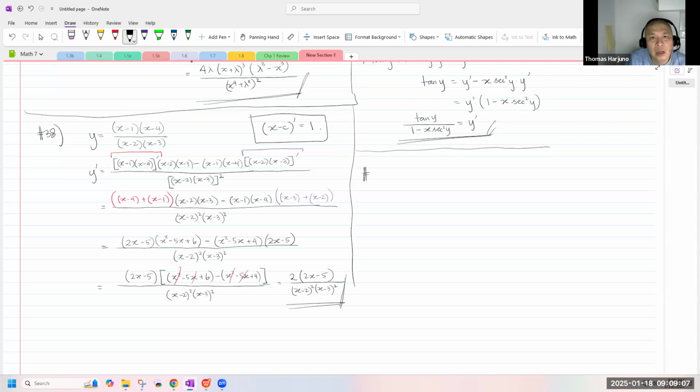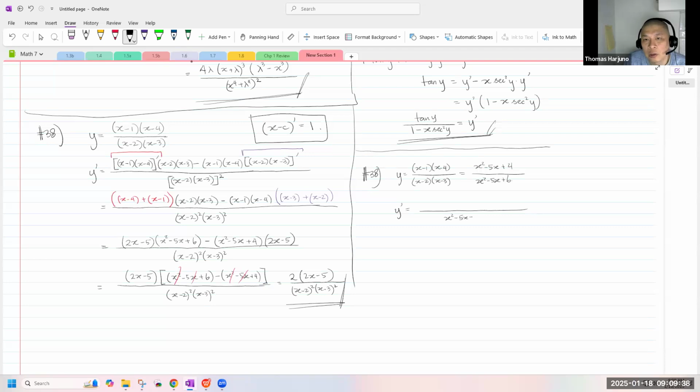Number 38, I redo it, but this time I FOIL that first. So y equals x minus 1, x minus 4 over x minus 2, x minus 3. Suppose I FOIL that first: x squared minus 5x plus 4 and x squared minus 5x plus 6. So the derivative will be, or maybe in this case it's easier, I don't know.